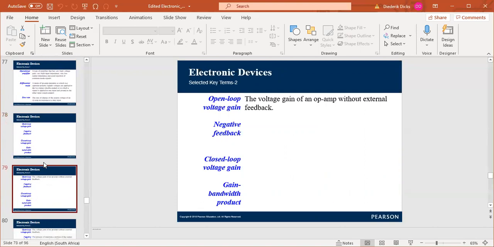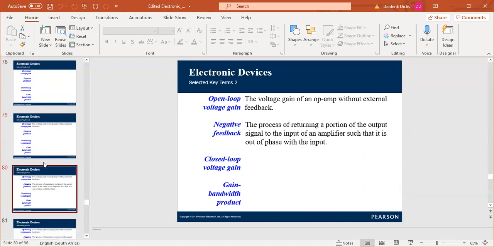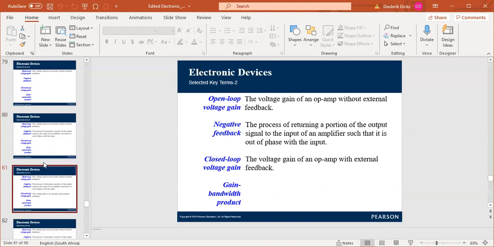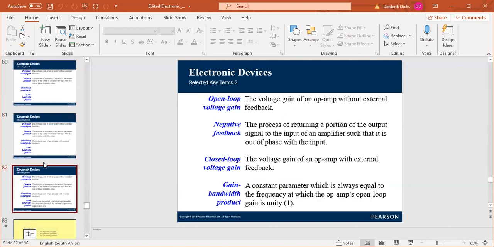Open loop voltage gain is the voltage gain of an op-amp without external feedback. Negative feedback is the process of returning a portion of the output signal to the input of the amplifier such that it is out of phase with the input. Closed loop voltage gain is the voltage gain of an op-amp with external feedback, and gain bandwidth product is a constant parameter which is always equal to the frequency at which the op-amp open loop gain is unity.